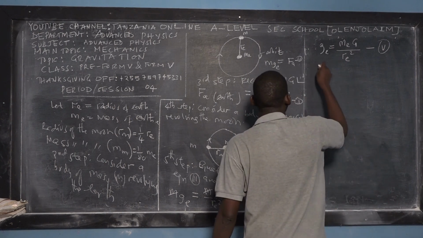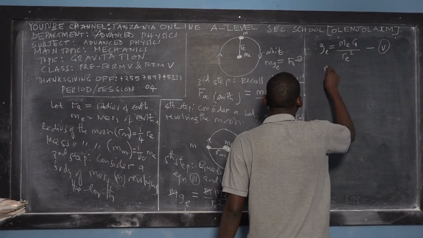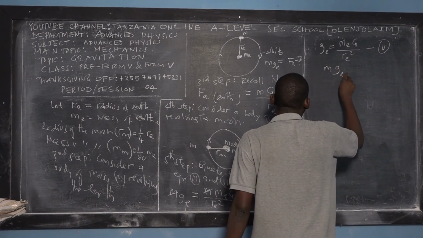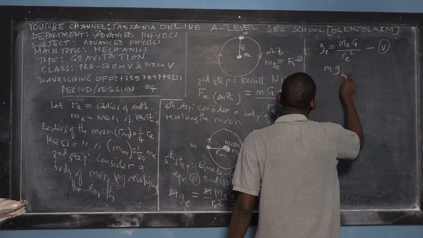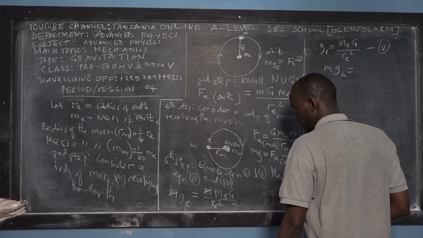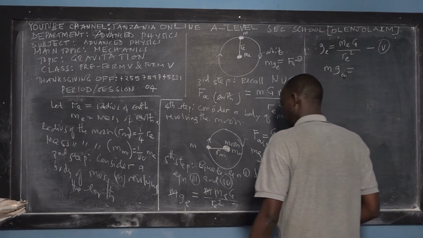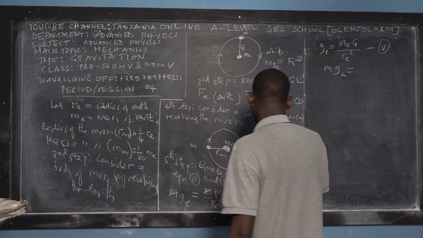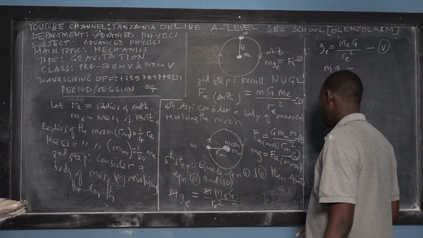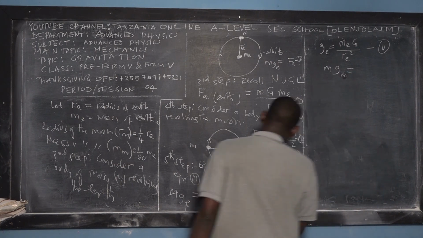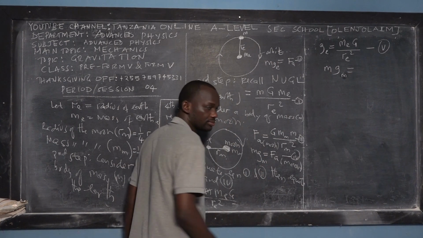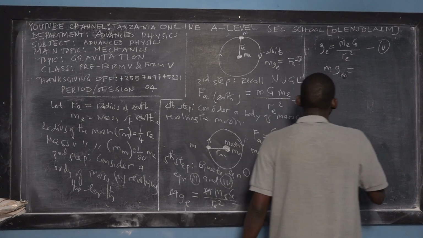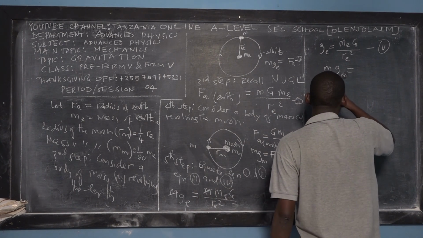And then we have to equate again mass of the body and acceleration gravity on the moon, g on the moon, on the surface of the moon.